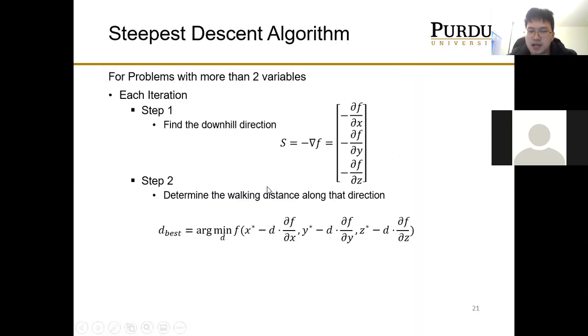So the same idea is that for a 3-variable problem, we just need to replace the gradient with a 3-component vector. And also, because naturally the function has 3 inputs, we have to give 3 inputs to it. So that would be the generalization.